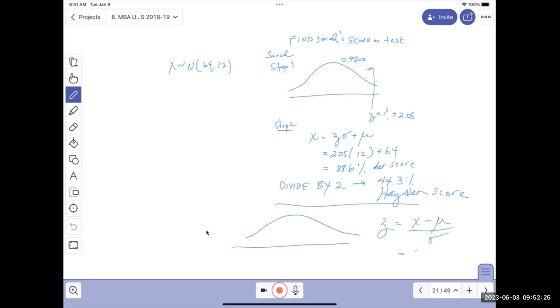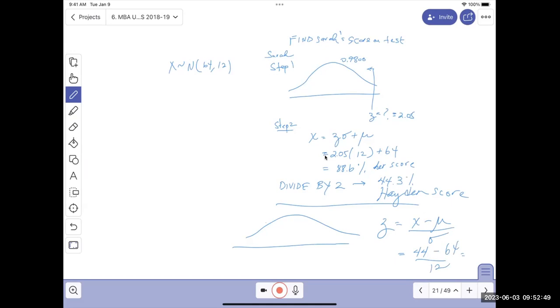Can I just round it to 44? Yeah, you can use 44.3, yeah. I'll just use 44, minus the mean of 64, divided by the standard deviation of 12.